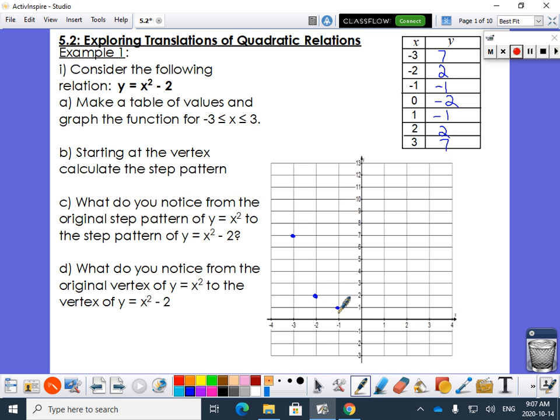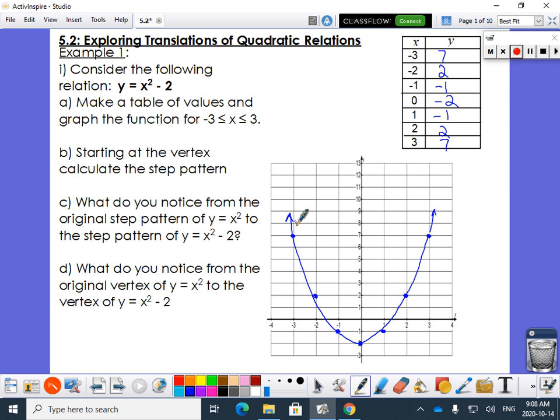Negative 1 and negative 1. 0 and negative 2. 1 and negative 1. 2 and 2. 3 and 7. Okay, so everyone should have something that looks like that.